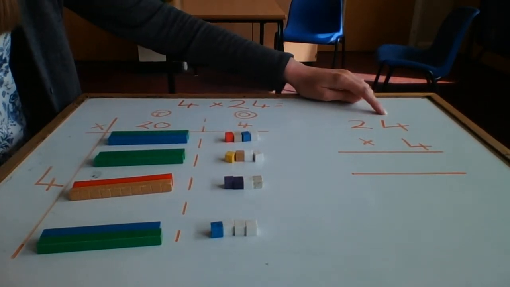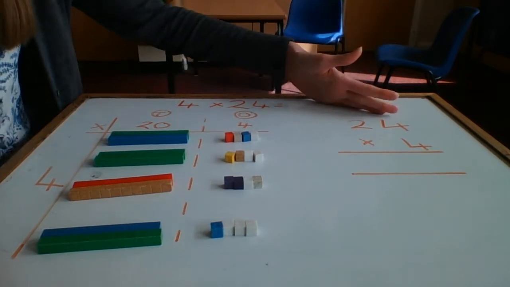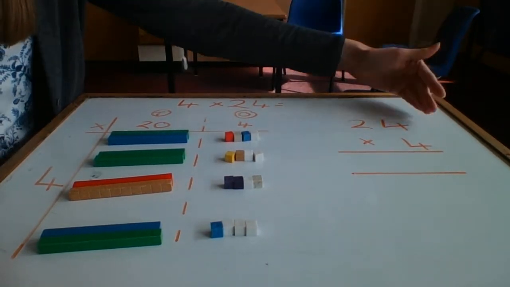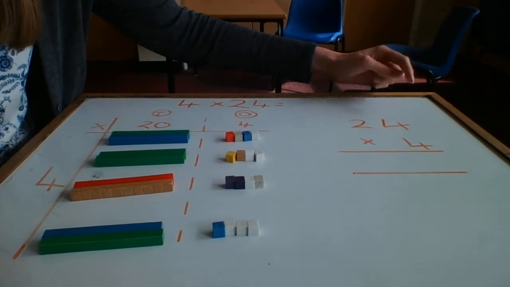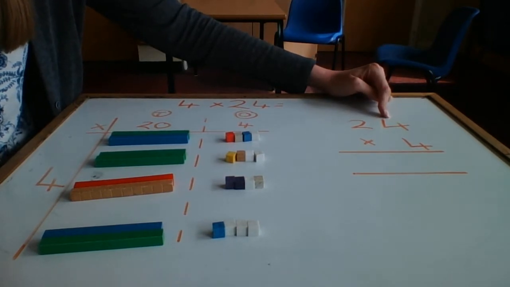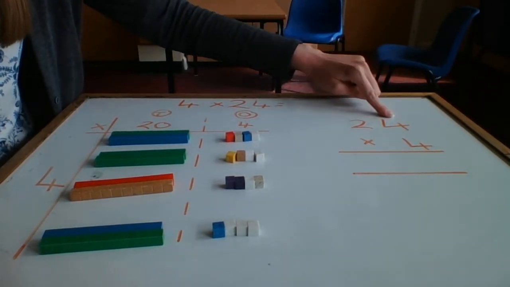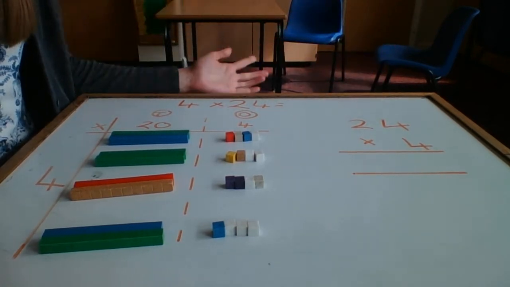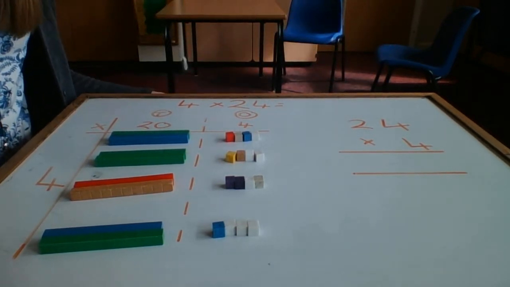So first thing we do, remember, ones first. In column method, you always do the column furthest to the right first, which here is the ones column. So 4 times 4. Now, we know that's 16. We can do our 4 times table.